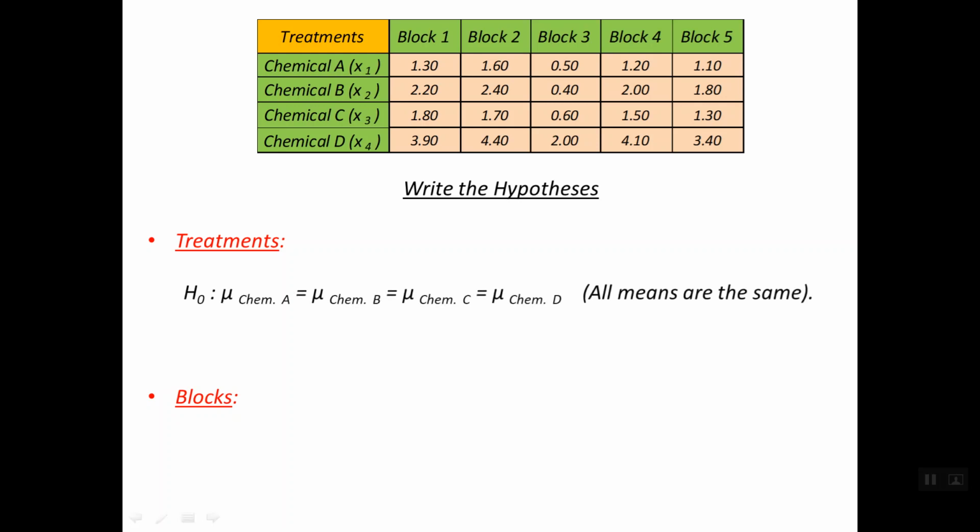Regarding the treatments, the null hypothesis states that there is no difference between the mean of the fabric strength using chemical A, which is the same as the mean using chemical B, which is the same as the mean for the fabric strength using chemical C, same as the mean using chemical D, or simply we can state that all means are the same.